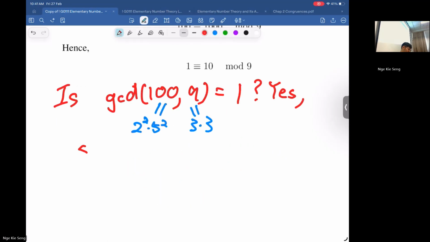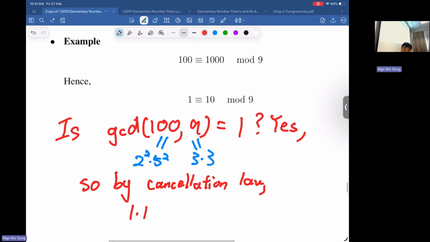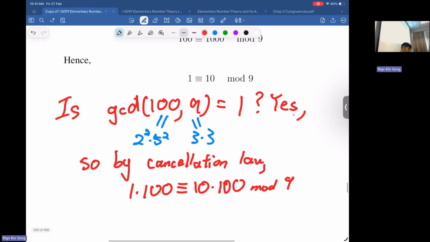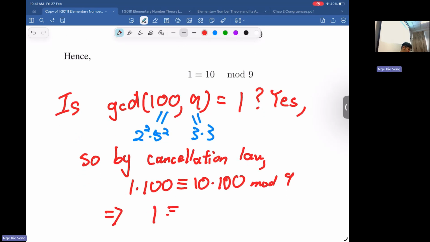So by the previous theorem, or by the cancellation law, 1 times 100 congruent to 10 times 100 would imply 1 congruent to 10.